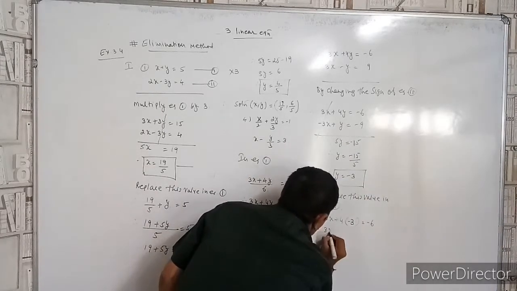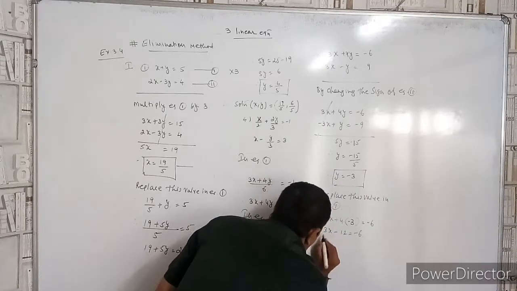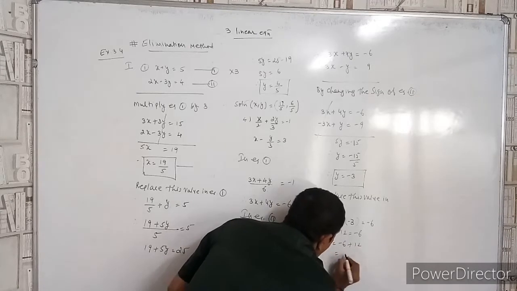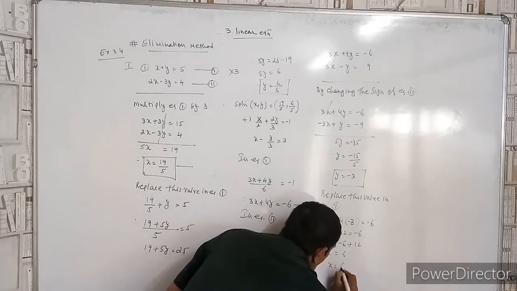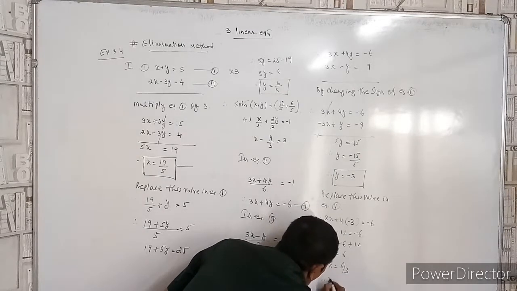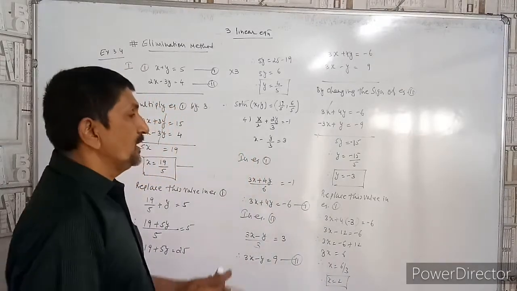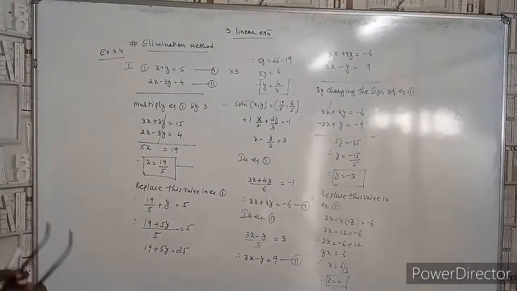So therefore 3x minus 4 3s are 12 is equal to minus 6, minus 12 shift. So it is 3x is equal to minus 6 plus 12, so it is 6. So therefore x is equal to 6 by 3. So therefore x is equal to 2. So solution x, y is equal to 2 and minus 3. So this is, we can say, elimination method.